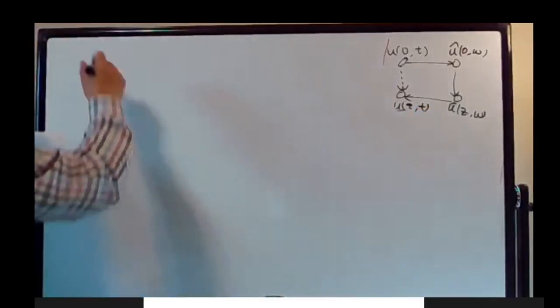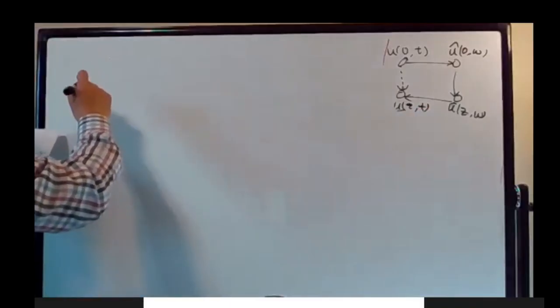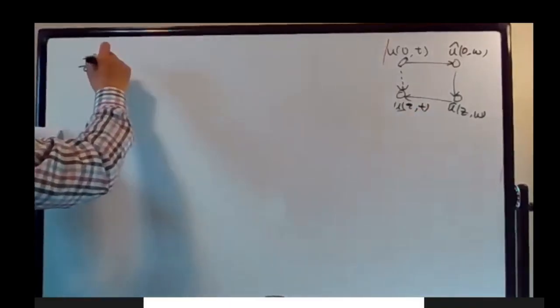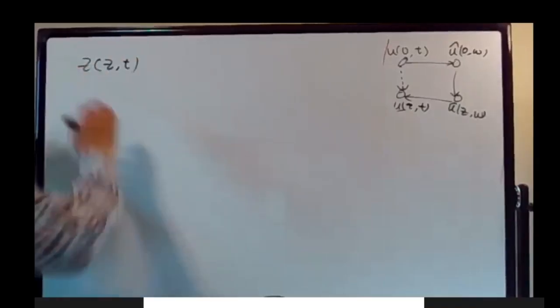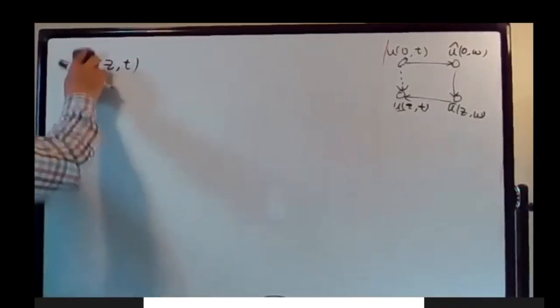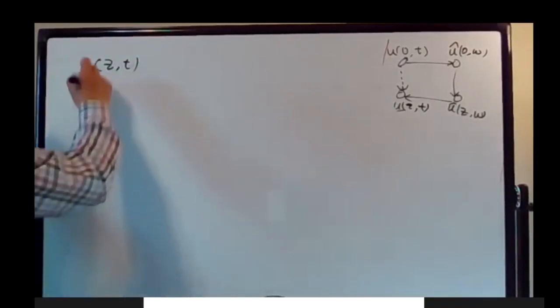And then this pulse, once we have this dispersion, it becomes a chirped Gaussian pulse. So we have Z and T, U(Z,T). This is the pulse.